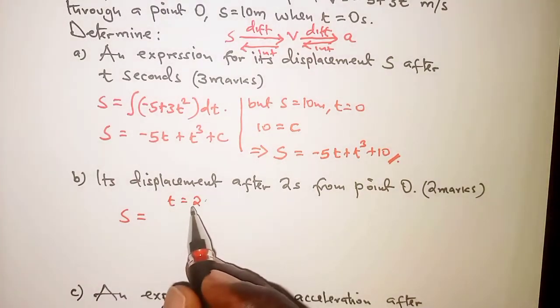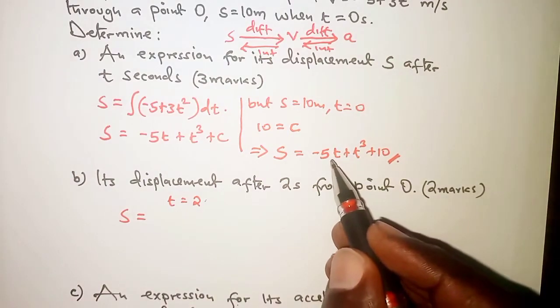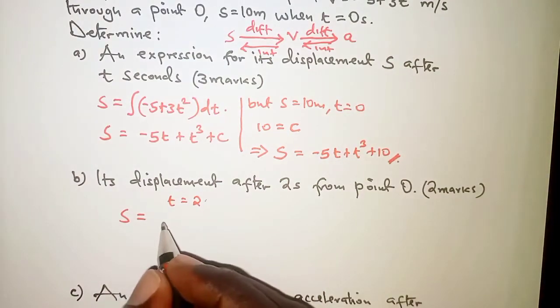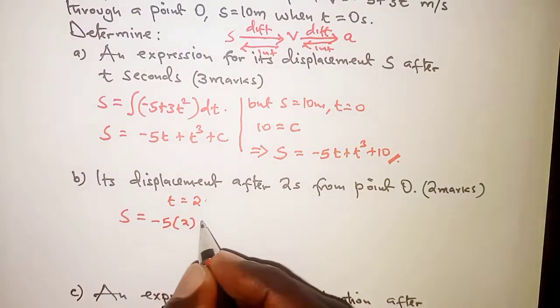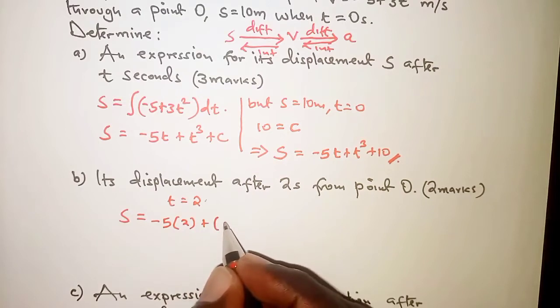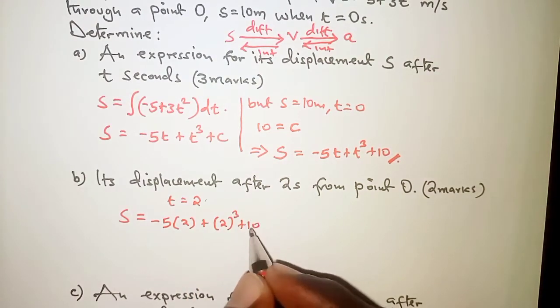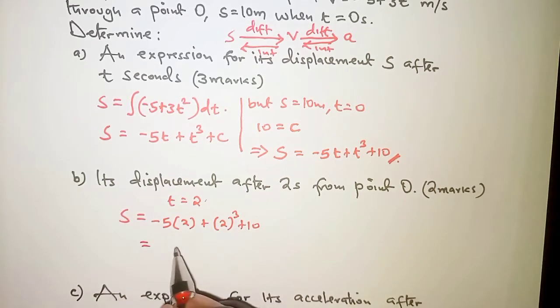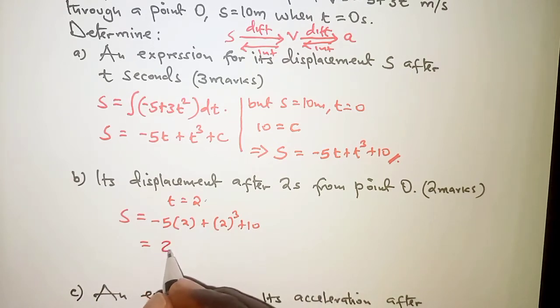So we have the time is 2 seconds, so we substitute in this equation for displacement, and therefore we'll have -5 into t, which is 2, plus t cubed, that is 2 cubed, plus 10. This is -10 plus 8 plus 10, that gives us 8. So we have the displacement is 8 meters.